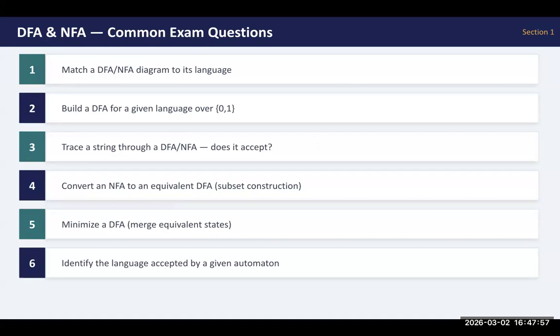Convert an NFA to an equivalent DFA. Every NFA has an equivalent DFA, but that is not the case vice versa. Minimize a DFA so that there are fewer states, and identify the language accepted by a given automaton, regardless of whether it's a DFA, NFA, or just a finite automaton.